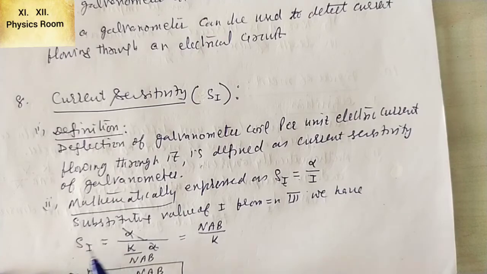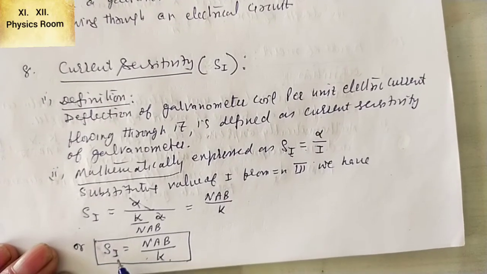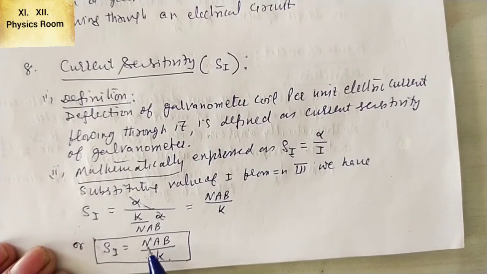So SI is equal to alpha divided by I. We substitute the value of I from equation 3 here. So it is alpha divided by K divided by NAB into alpha. Alpha cancels, so we are left with NAB by K. So current sensitivity SI is equal to NAB by K.